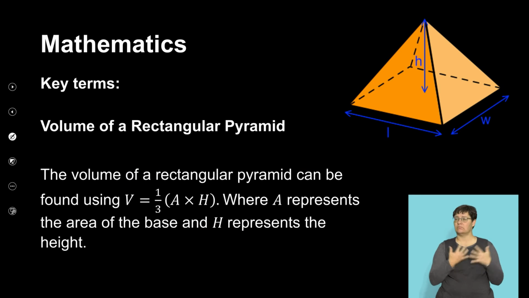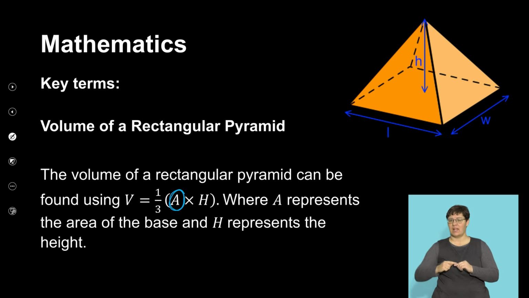So if I'm first going to be calculating the volume of a rectangular pyramid, the volume of a rectangular pyramid can be found using V is equal to 1/3 of the area of my base times my perpendicular height. So this is where A represents the area of the base and H refers to the height. Please make sure that you use the correct measurements in this calculation.